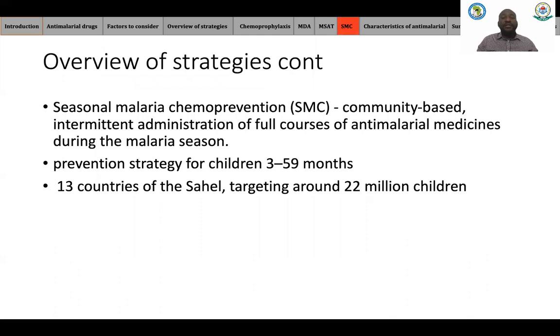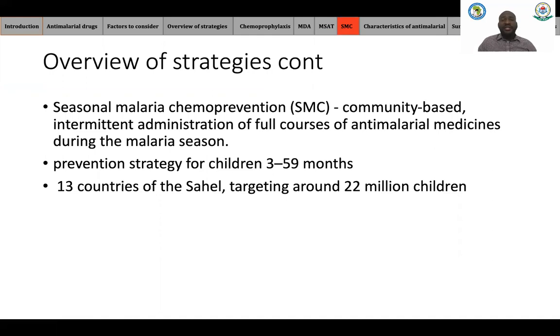And the final tool is seasonal malaria chemoprevention. This is community-based intermittent administration of the full course of anti-malaria medicine within the malaria transmission season. This means you have to plan at least a few months, 4 to 5 months, before the transmission starts. This is a prevention strategy for children from 3 months to 59 months of age.